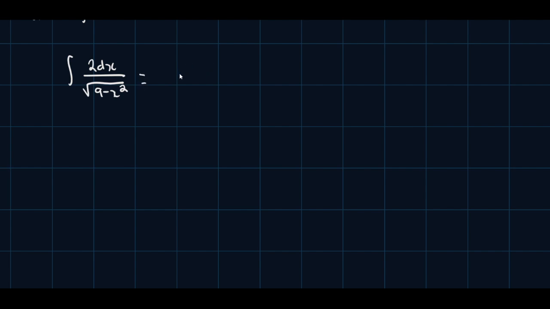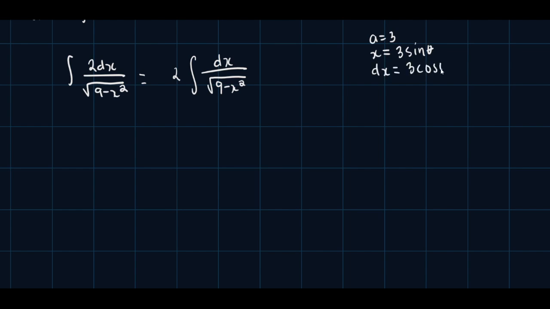Okay, so i-rewrite ko lang to as 2 integral ng dx over square root of 9 minus x squared. Again, a is 3. So x equals 3 sine theta. And dx is 3 cosine theta d theta.